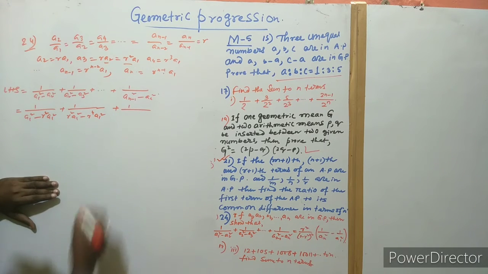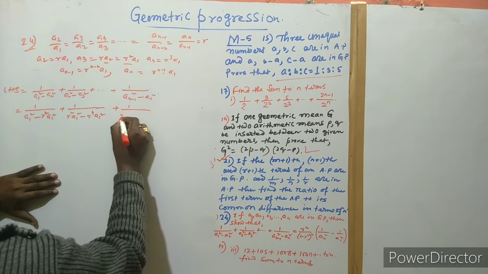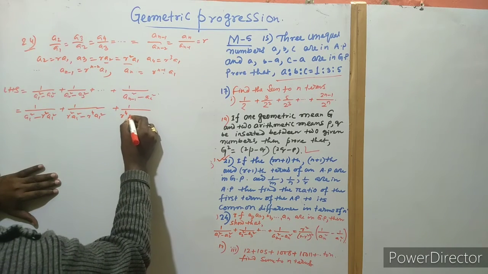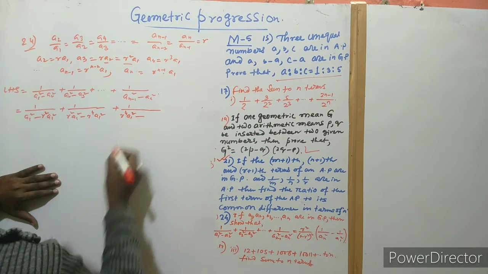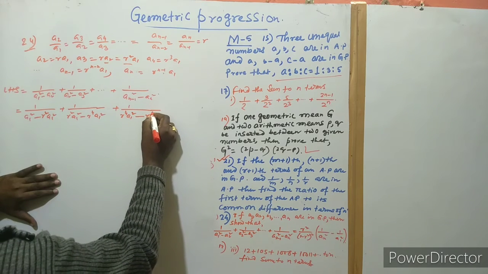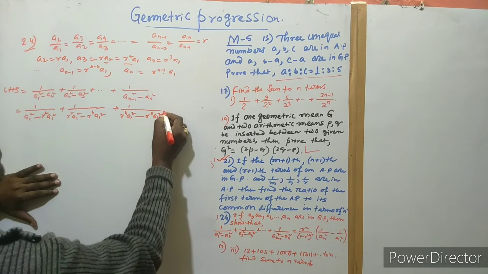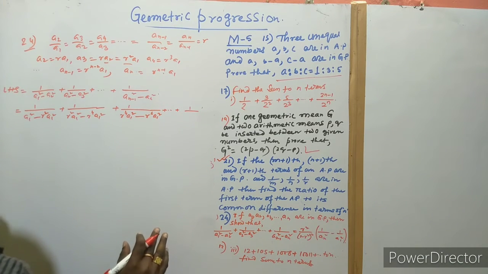Again I repeat, as next term A3 square means here R to the power 4 and A1 square, and minus A4 square. So that is R to the power 6 into A1 square. Sorry.